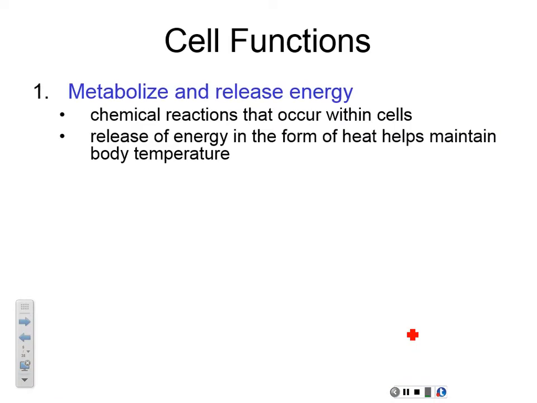All right, so the functions of the cell are to take care of all the reactions in the cell, like metabolism, conversion of certain nutrients, synthesis of certain nutrients, and cells become specialized based on the proteins they produce from chemicals within the cell. Cells also release energy in the form of heat that helps to maintain the 37 degrees C of body temperature.